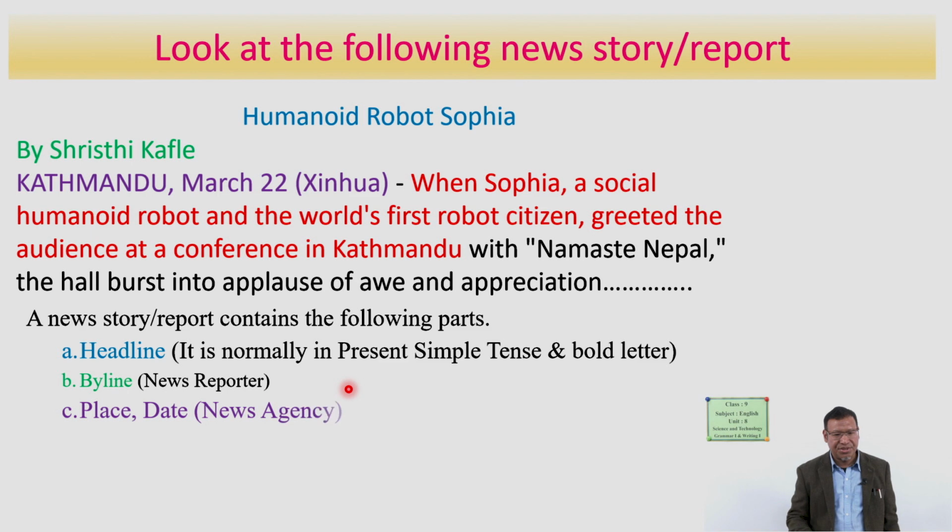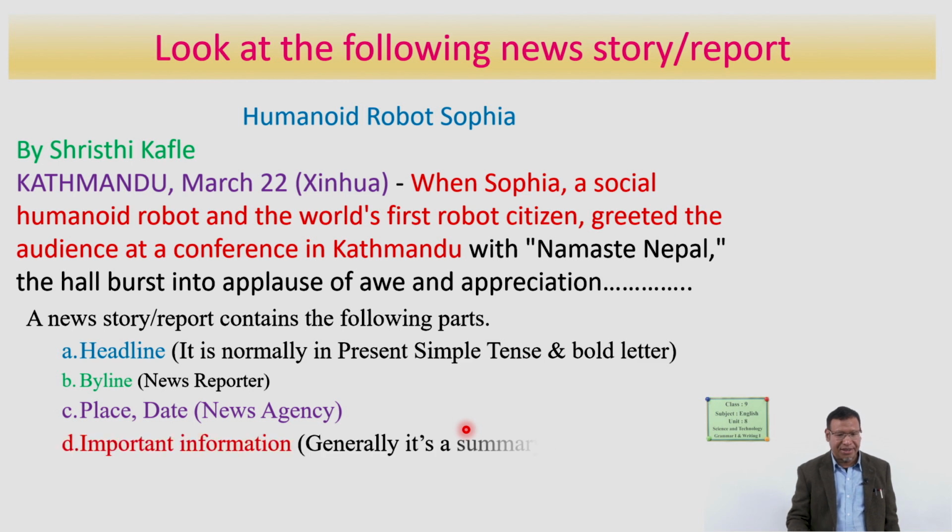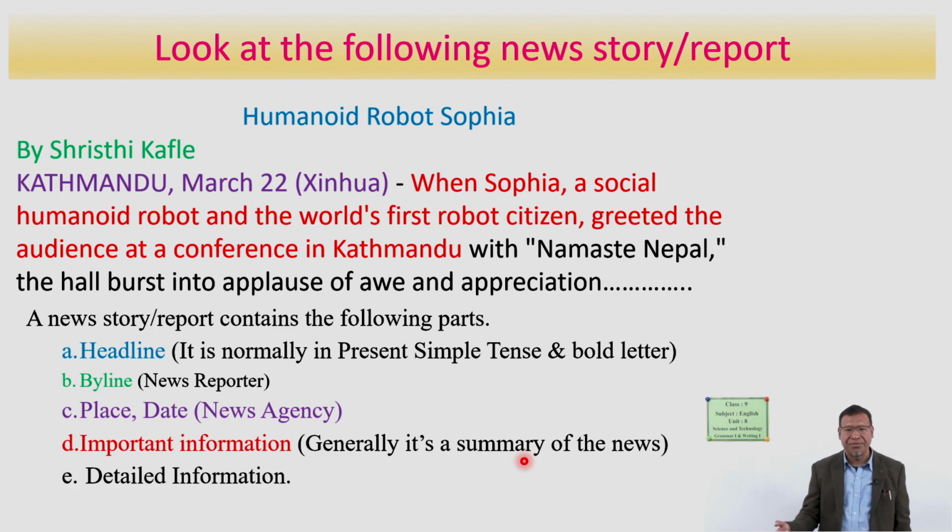Then the place and date, and sometimes the news agency: from where it has been reported and when. Then you can see the important information, which is sometimes used in the beginning of the news story. This important information is generally a summary of the news. After that you can find the detailed information in the news story.